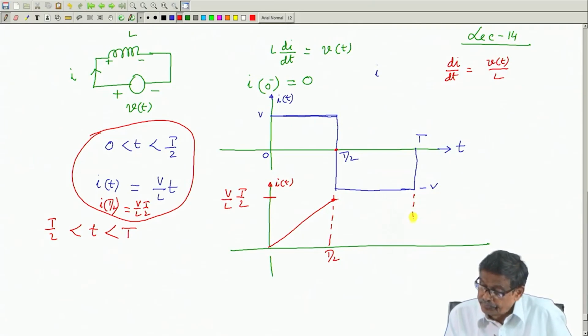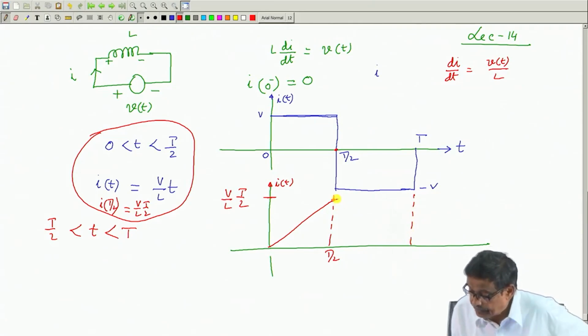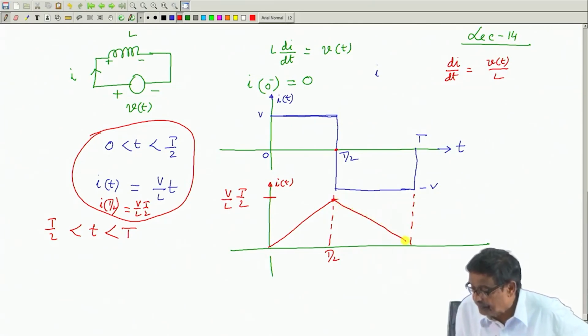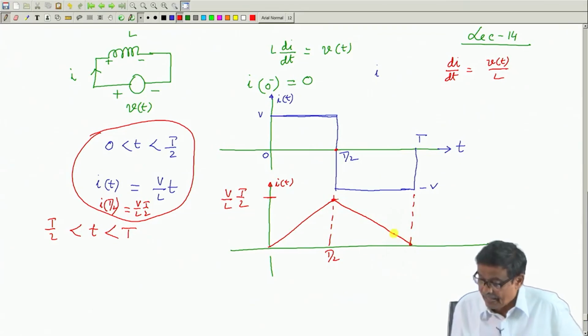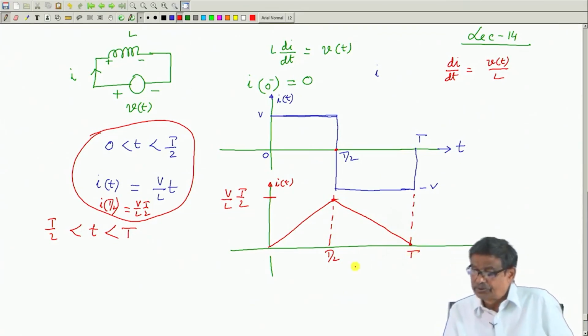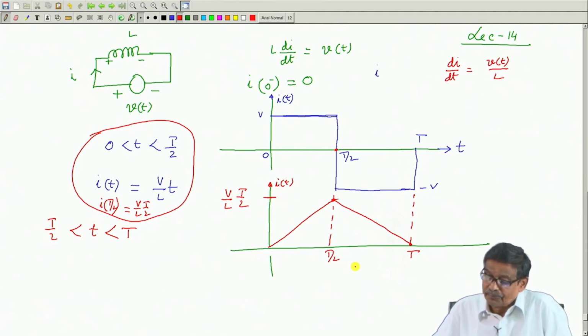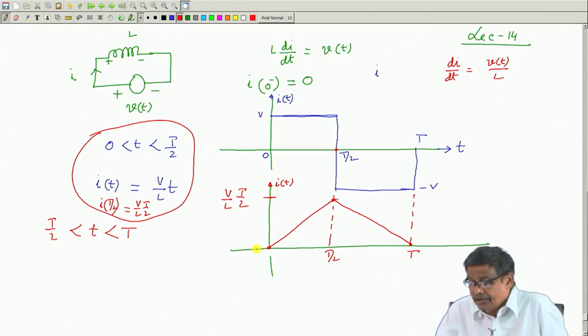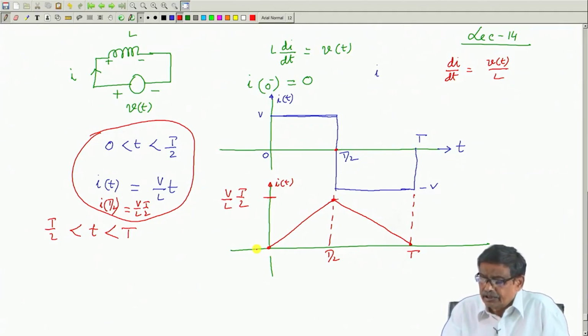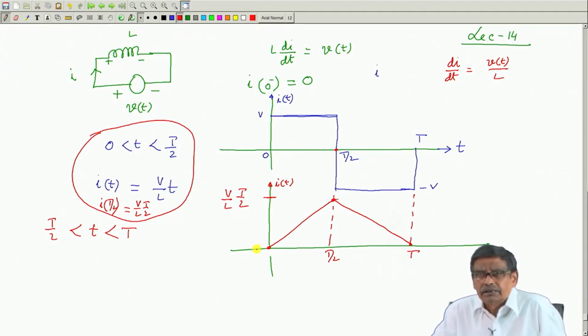So, current will have a negative slope, and at t equal to T, once again the current in the inductor will be 0. Why will it be 0 at t equal to T? Mathematically, you will get it. Write down the expression, put t equal to T, this I leave as an exercise to you. Rather, I will tell you physically what is happening.